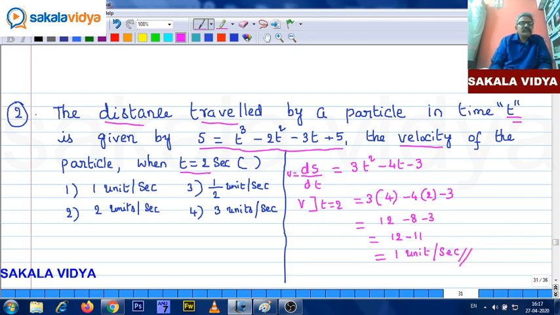So, the first option is the right option. T square is 4, 12, 3t square, 4t, 4 into 2 is 8 and minus 3. So, 1 unit per second, yes.